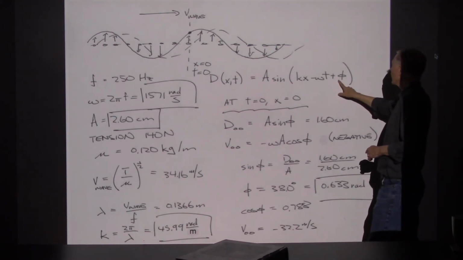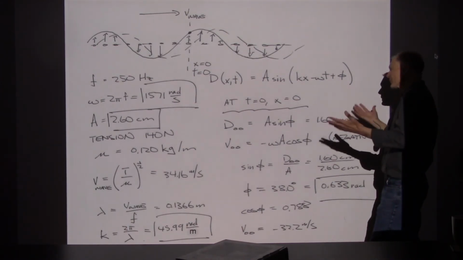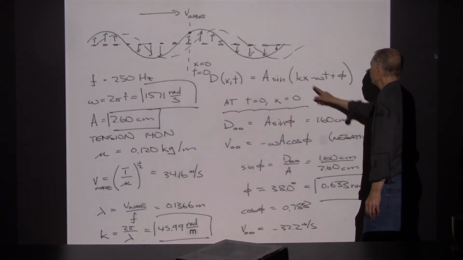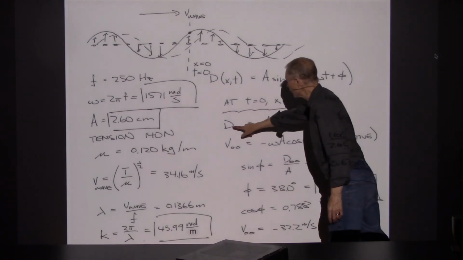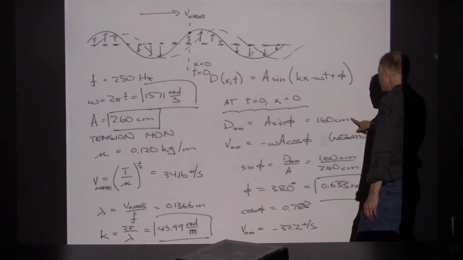I have to add on what's called a phase difference, or a phase angle, or a phase constant. And what you can do is say at t equals 0, x equals 0, that reduces down to the initial displacement, A sine phi, 1.60 centimeters.